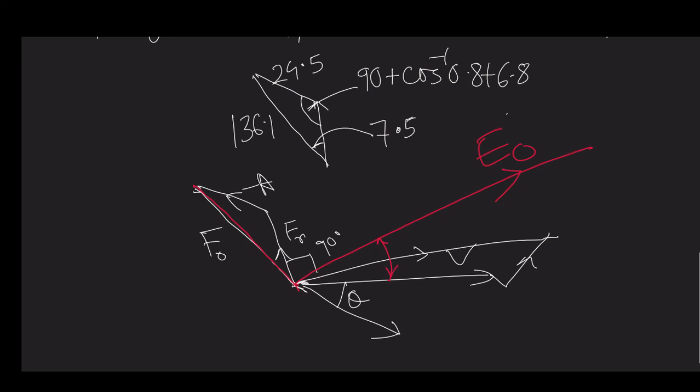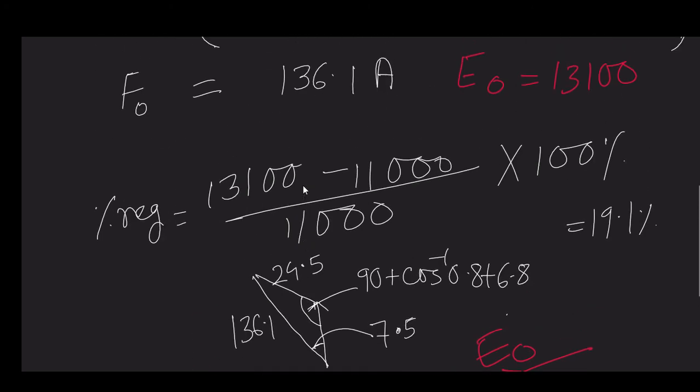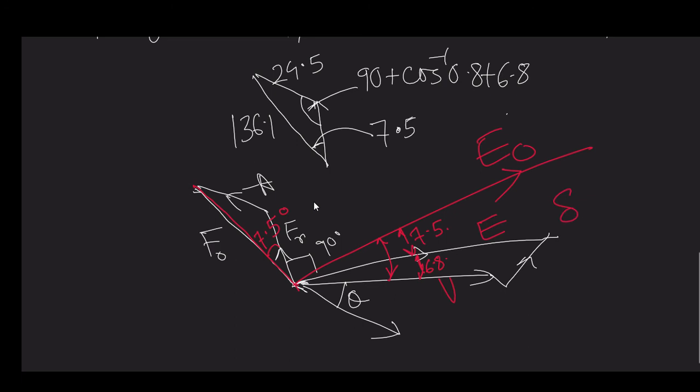We need to measure this angle. What is this much? This much is 6.8. We are getting this much is 7.5 degree. So therefore, if we compare these two, then this is our E, this is V. So this much is 7.5. So the total angle will be, the delta will be, okay.